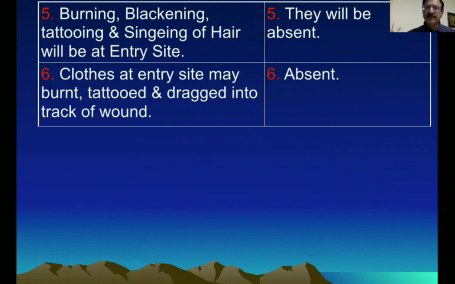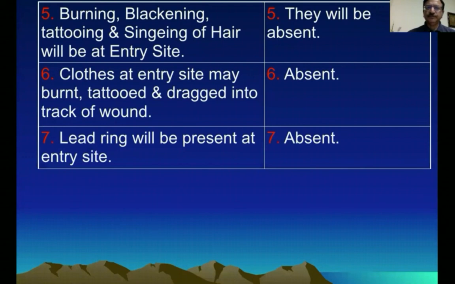The clothes at the entry side may be burned, tattooed, and dragged into the cracks, but these findings are absent on the exit wound. The lead ring will be present on the entry side. The lead ring is because of the rubbing of the lead bullet and the shaving of the bullet which soils the surface. It will be absent in the exit wound.